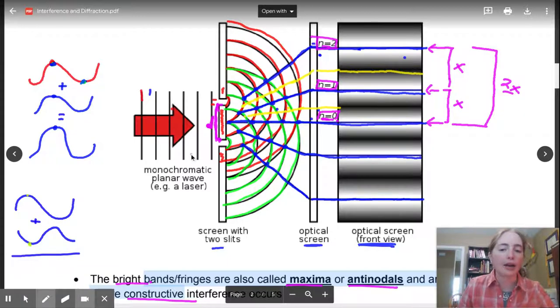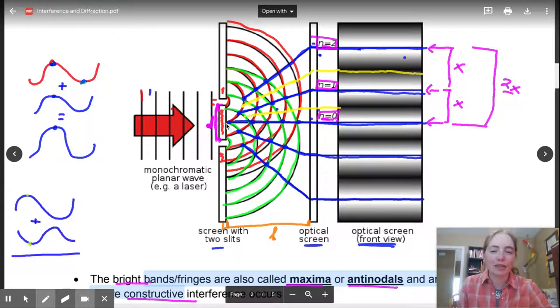We're going to be looking at theta and L. Well, L is the distance from here to here, the distance between the slit screen and the optical screen. So that is your value of L. Now L can be anywhere along here. It doesn't matter where you draw your L. Just for sake of ease, I'm going to make L right here down the middle. This orange band is going to be my L.